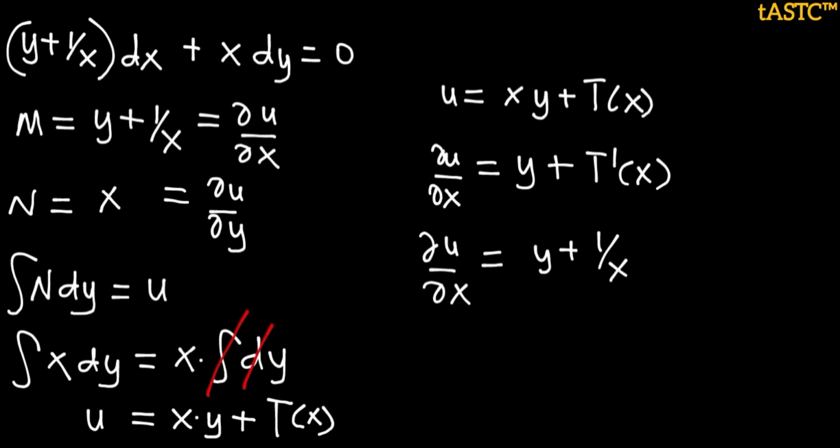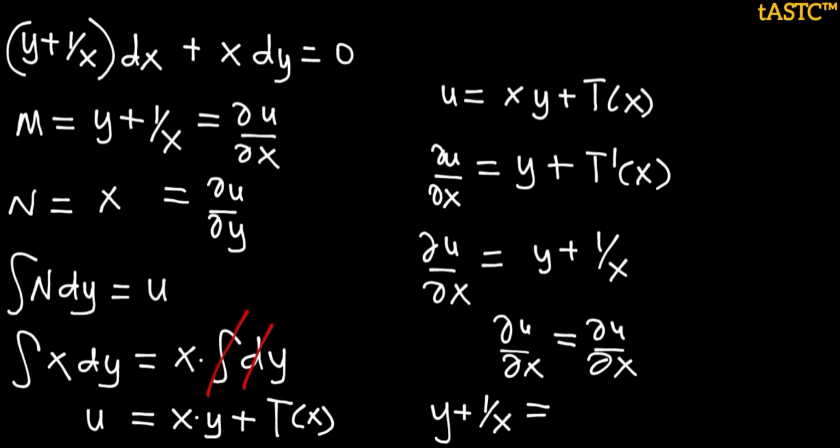Now since we already got du dx, we're going to take this from the first one, which is y plus 1 over x, and on the other side we're going to have du dx, which is y plus t prime of x. Obviously, as usual, this stuff is going to get cancelled.